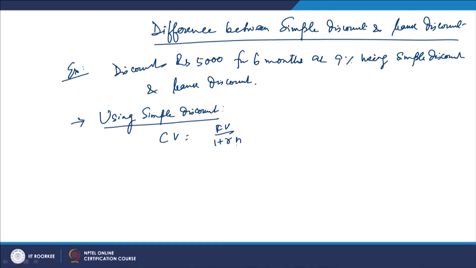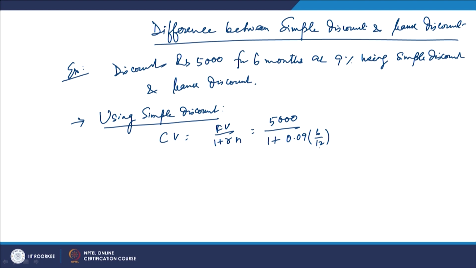So, you will have CV as FV by 1 plus Rn. So, you have FV as 5,000 and 1 plus Rn. R is 9%, so it will be 0.09, and N is 6 months, so 6 by 12.